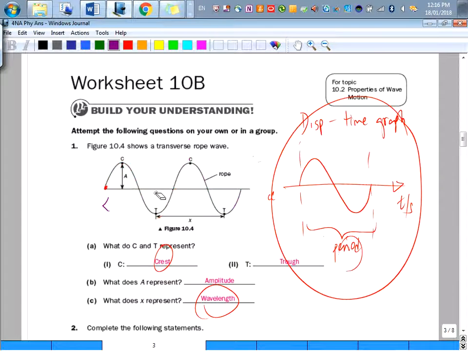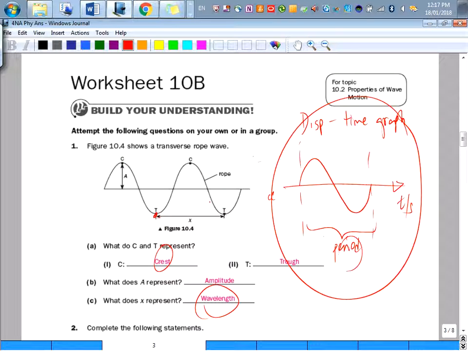I can choose any other points I like, for example this point and this point. So this is the wave I get. If I repeat it again, I will still get another wave. What do we call these points? For example, this one and this one, we know that they are called crests.